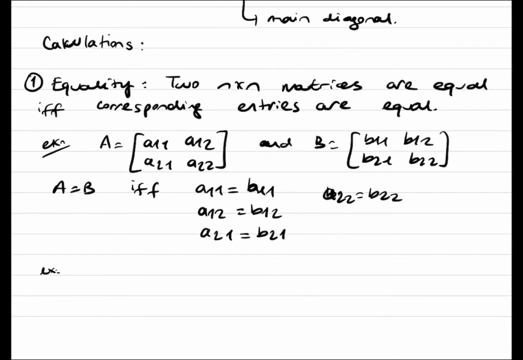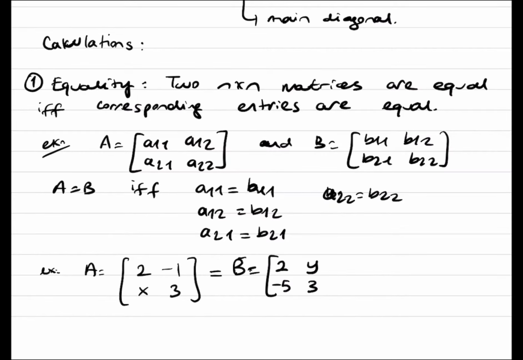For example, if we have A equal to 2, minus 1, x, 3, and B equal to, let's say, y, minus 5, 3.